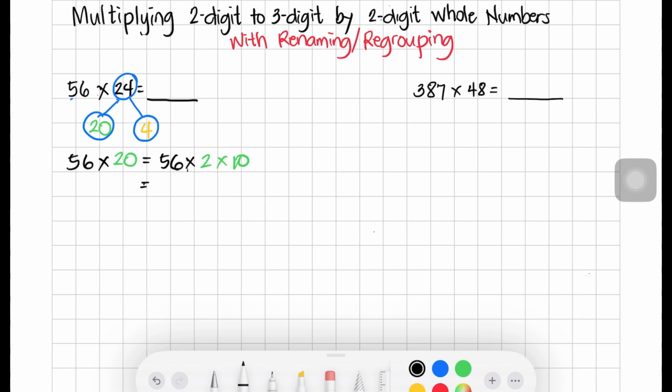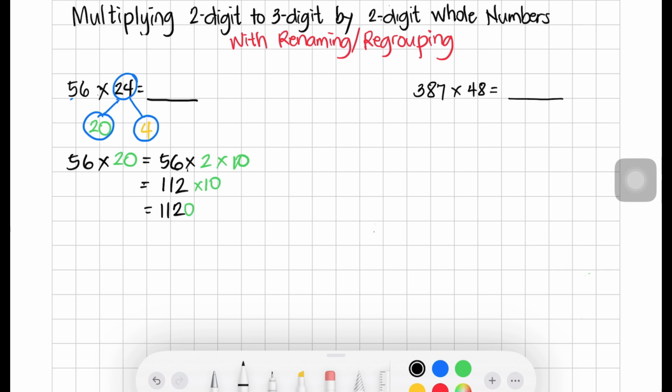So multiplying 56 times 2 will give me 112 and then times 10. When we multiply by 10 or 100, we are just going to append the 0. So that means this one will become 1120.